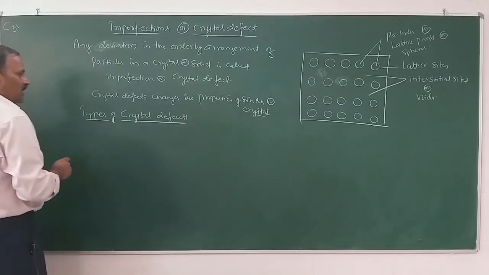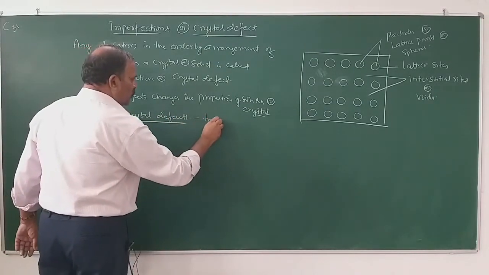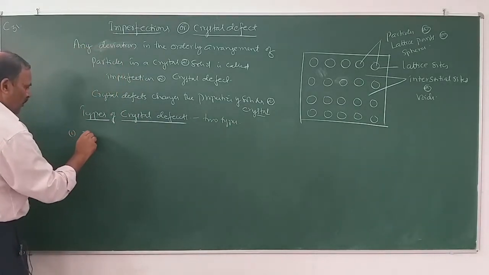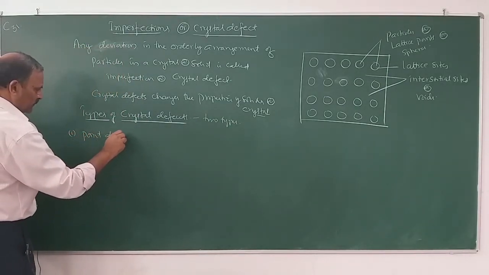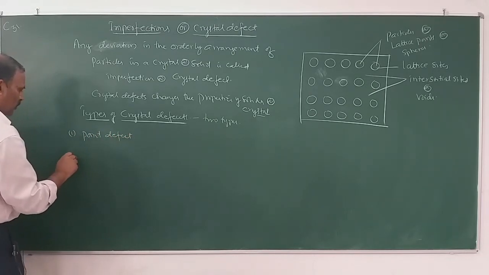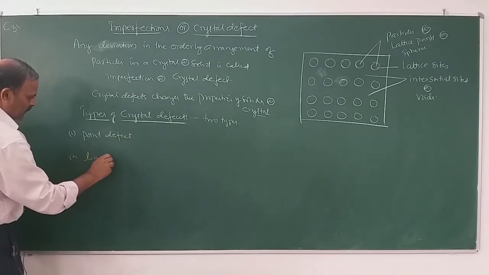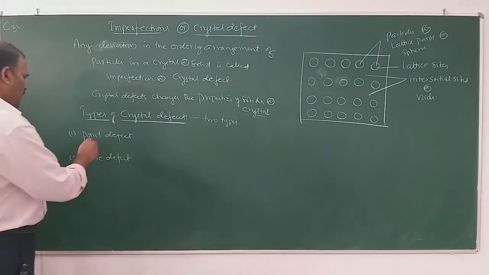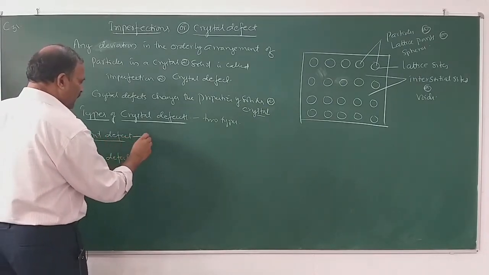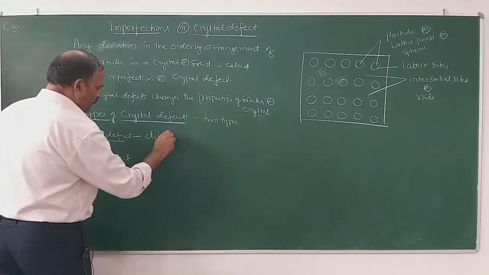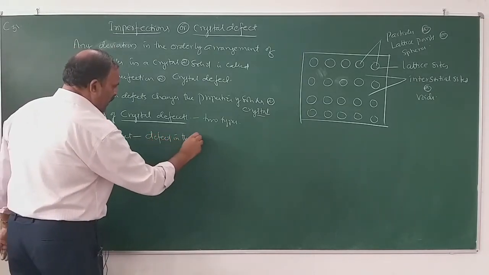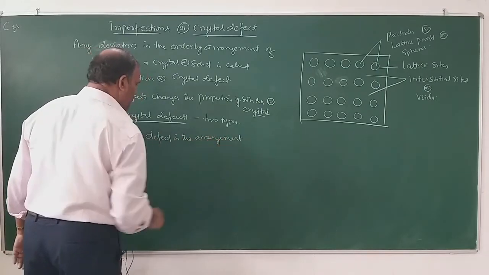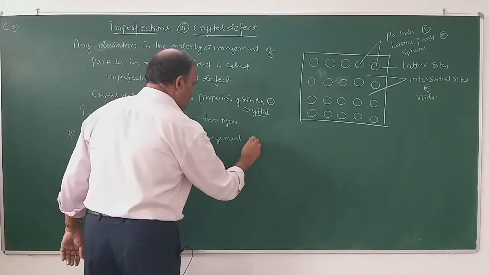So in crystal defects there are two types. Number one, point defect, and number two, line defect. Point defect and line defect. What is point defect? Defect in the arrangement of points.